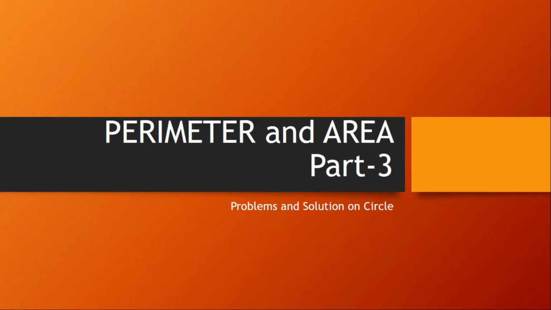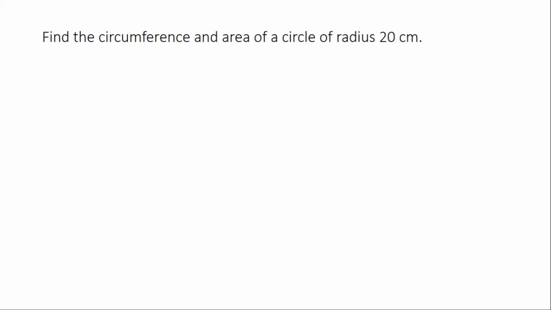So the first question we will attempt is: find the circumference and area of a circle of radius 20 centimeter. Here the radius of the circle is given, 20 centimeter. So the circumference of the circle will be, the formula for circumference of circle is 2 pi r.